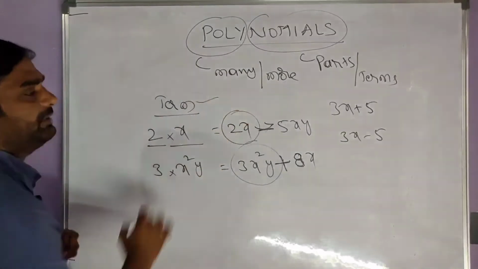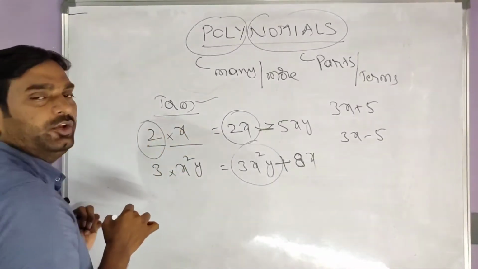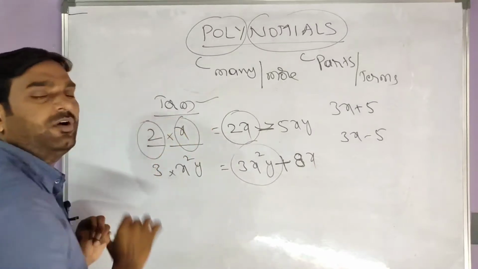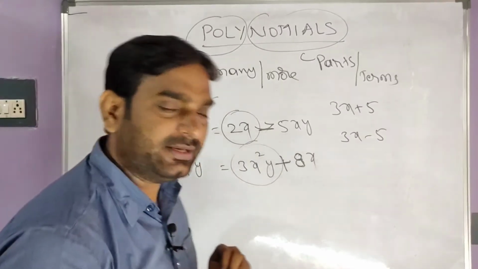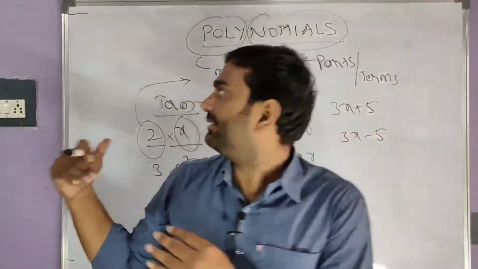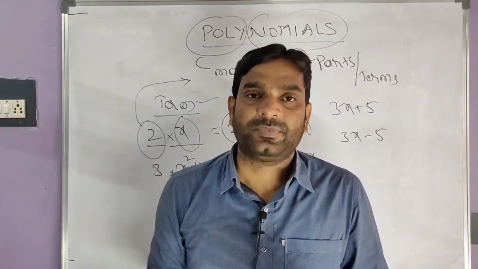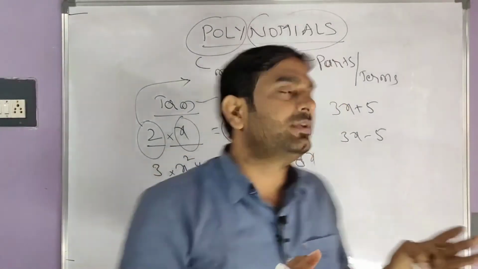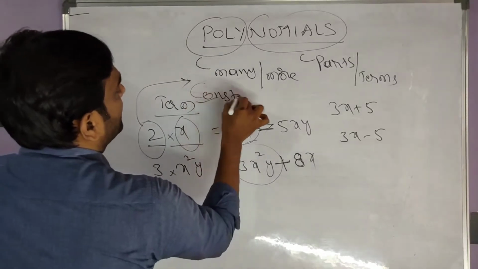This is the term. In this term we have the numerical part and English alphabets. These numerical parts have fixed numerical values, so they are called constants.